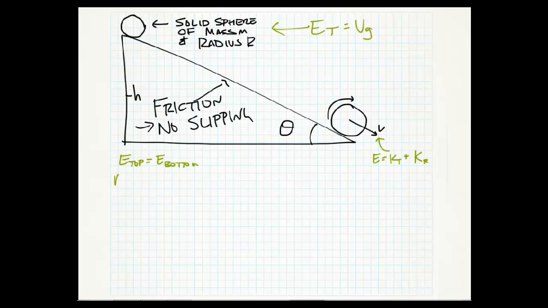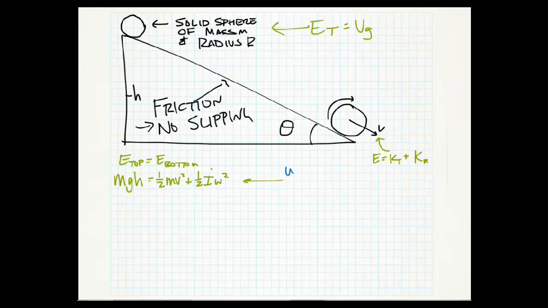So m times g times that h is my energy at the top. Energy at the bottom is 1/2 mv squared plus 1/2 I omega squared. Now, for that term, we know a couple of things.